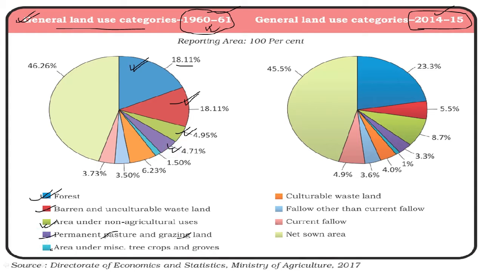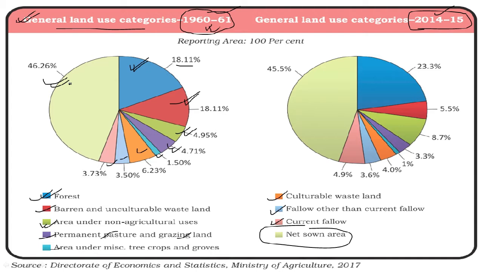Then we have area under miscellaneous tree crops and groves, that is 1.5%. Then we have culturable wasteland, roughly about 6.23%. Then we have fallow other than current fallow, 3.5%. Then this slight pink color represents current fallow, 3.73%, and the net sown area is around 46.26%.